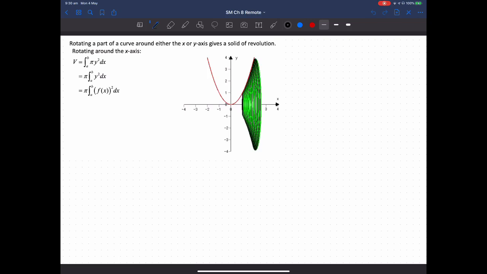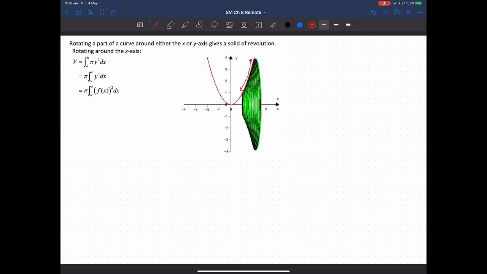When you take a portion of a curve that is part of a curve, like you can see in the diagram, here we have part of a parabola. Then we rotate that curve around the axes, in this case the x-axis.